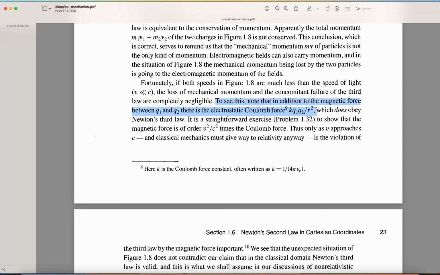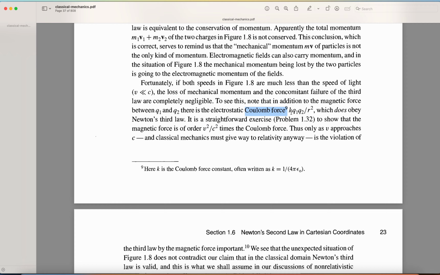Okay, so this is a Coulomb force. The Coulomb force, the electrostatic force, does obey Newton's third law. And the magnetic force is of order v squared over c squared of the Coulomb force.